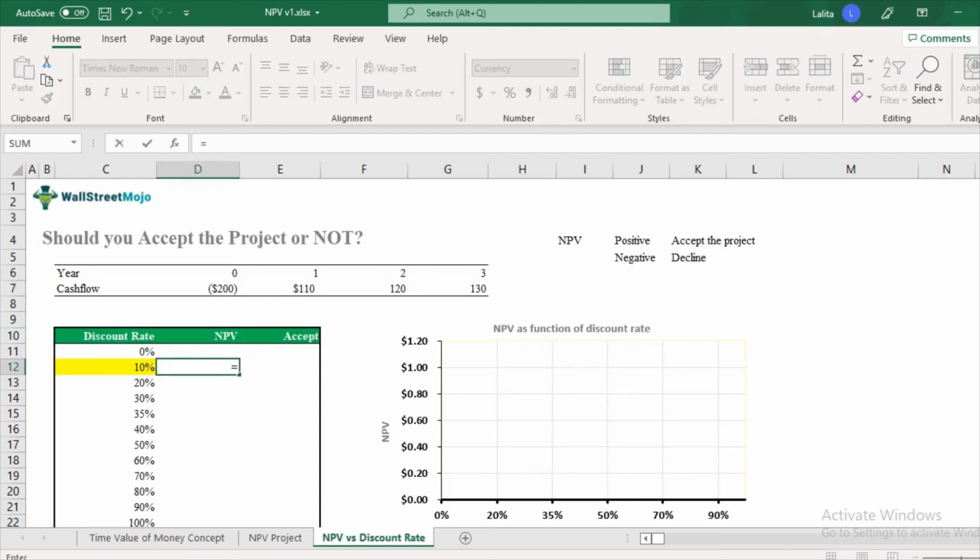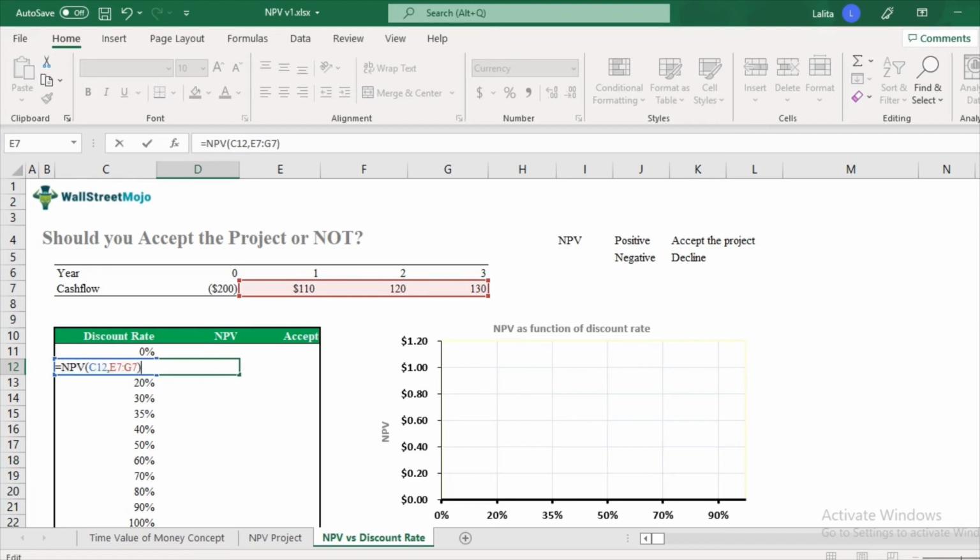What is the formula? I'll use the NPV function in Excel which we learned earlier. This is NPV. Rate is 10%, and the cash flows are these. If I close this bracket, this will give me the present value of all the future cash flows.